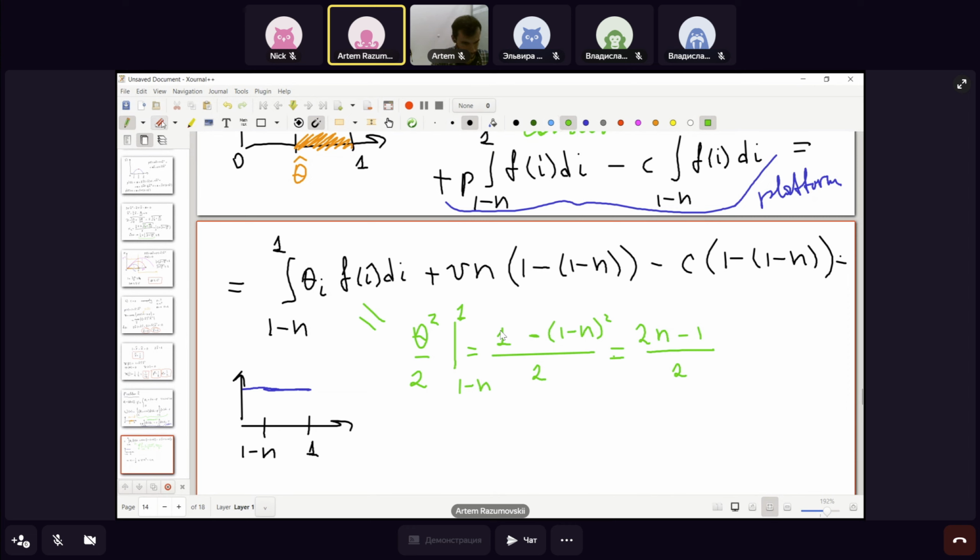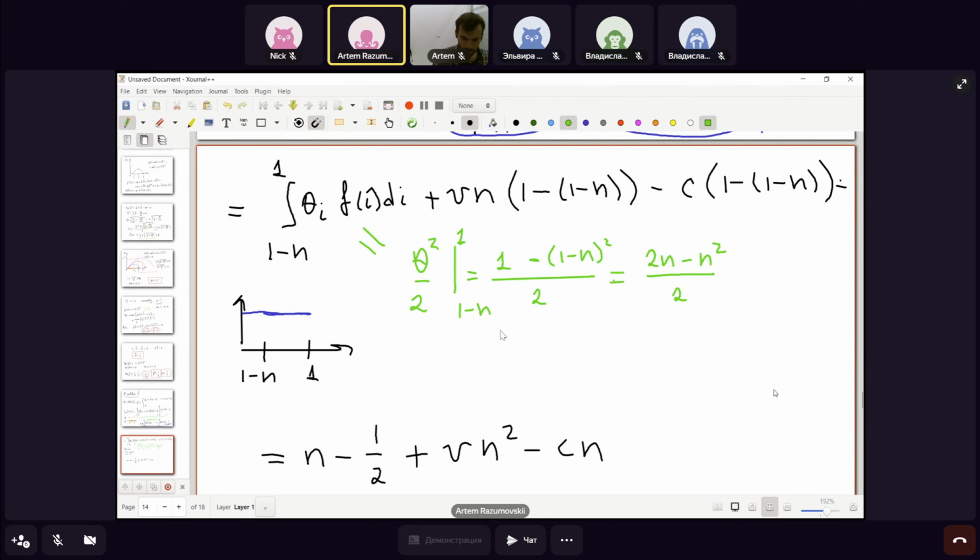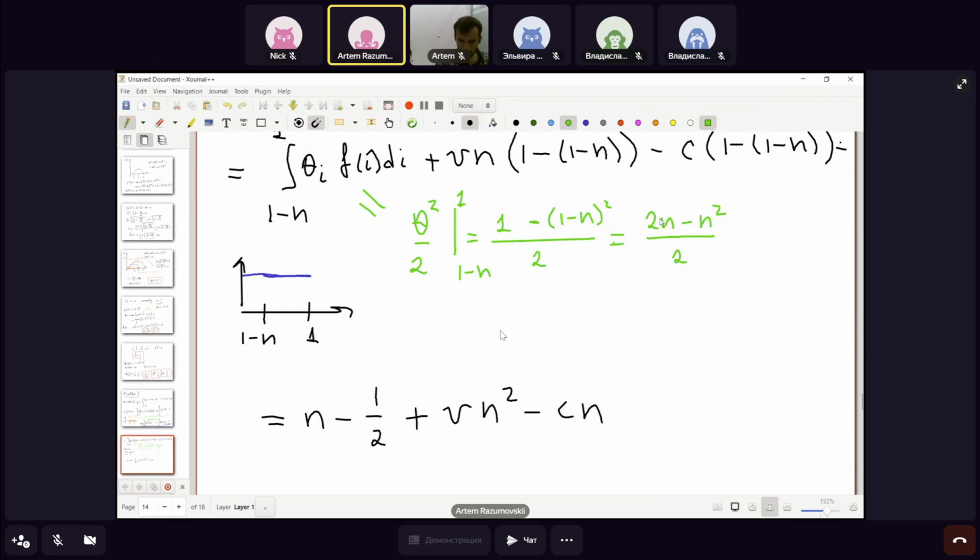And what is the answer? It will be 2n minus n squared. So then we will have n minus 1/2 n squared here.